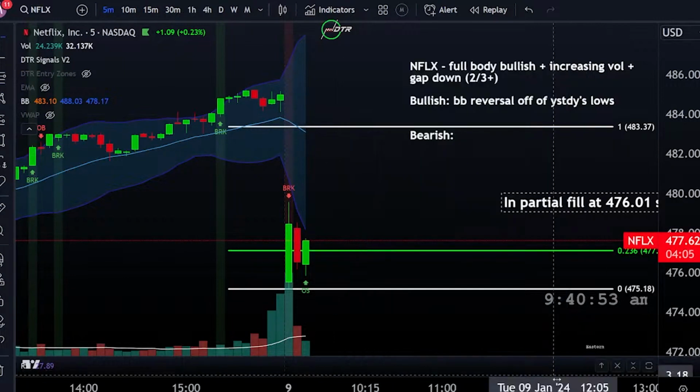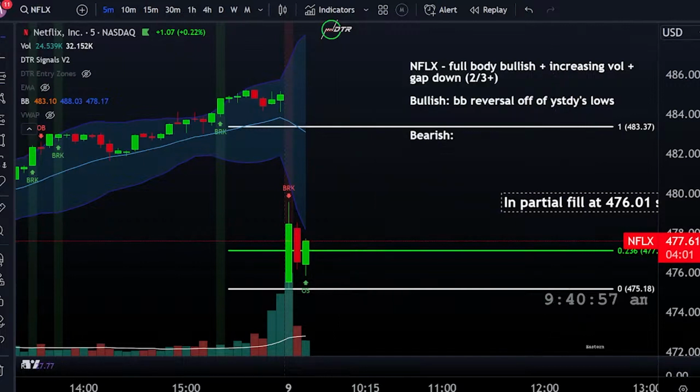I got about half the size I wanted on that trade. But I'm up $2 a share. Okay, so I'm going to close a little bit here, guys, at 478. Can't look a gift horse in the mouth on this. So I'm going to close about a third of my position at 478.